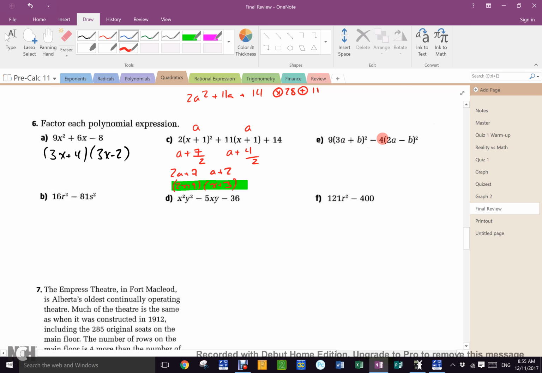This one is, what do you notice about that, and that? It's a difference of squares, isn't it? Square root of the first one minus square root of the second one, times square root of the first one plus square root of the second one, right? But this is different than that, isn't it?